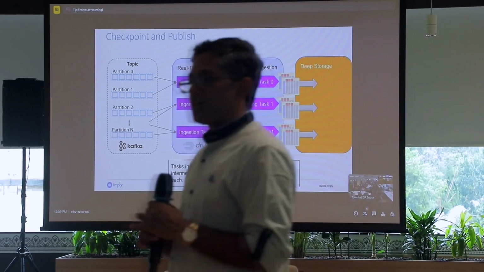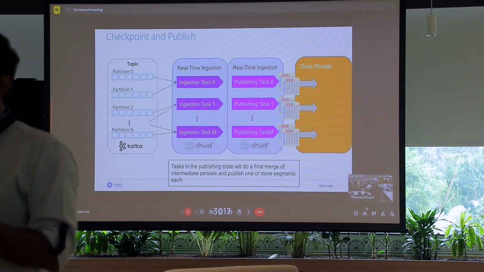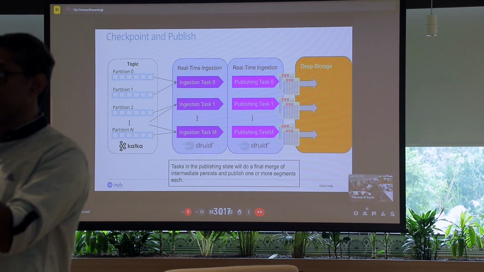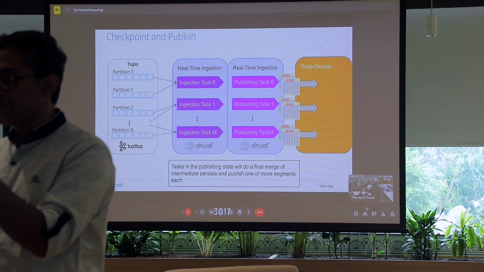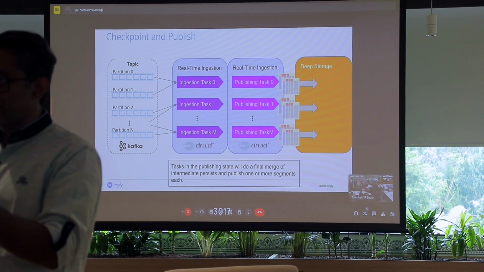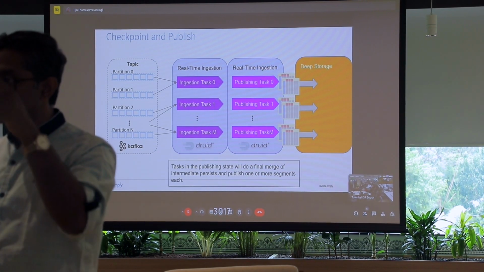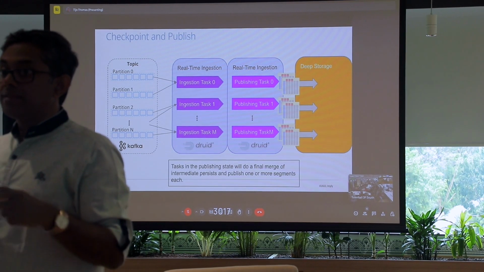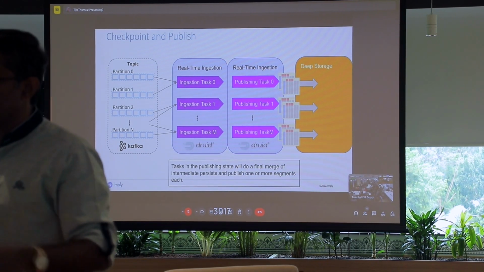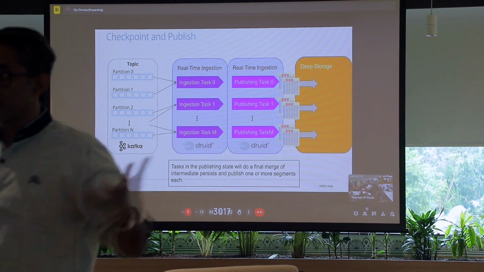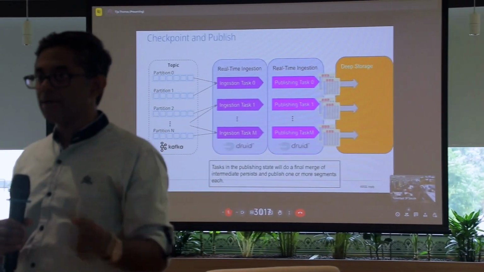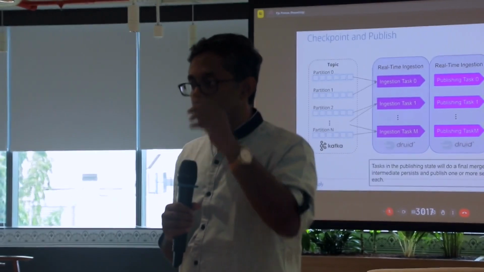What happens is it creates a lot of logical segments in memory. When a late arrival happens, it creates a lot of logical segments in memory, and that can cause out of memory, because a lot of late arrival means a lot of metadata, and all this metadata needs to be kept in memory.